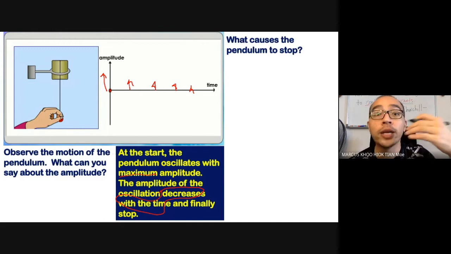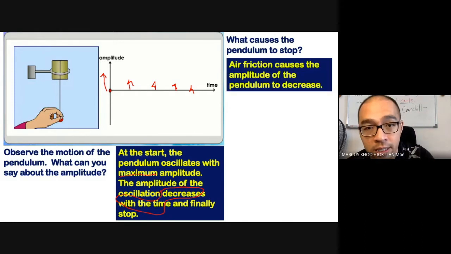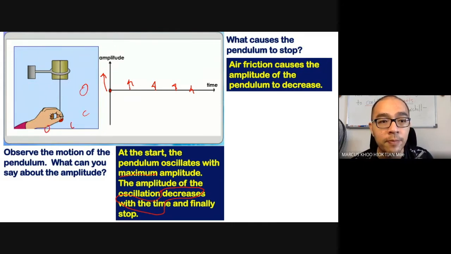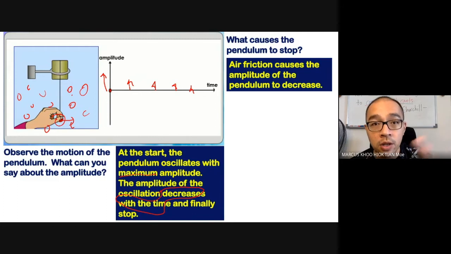It is doing something, or it is being transferred to something. And I think Rahman has the good idea over there. It is because of the air resistance. All around this pendulum there is air, and the air is actually stopping the pendulum from oscillating as much as it can. We call this air friction.